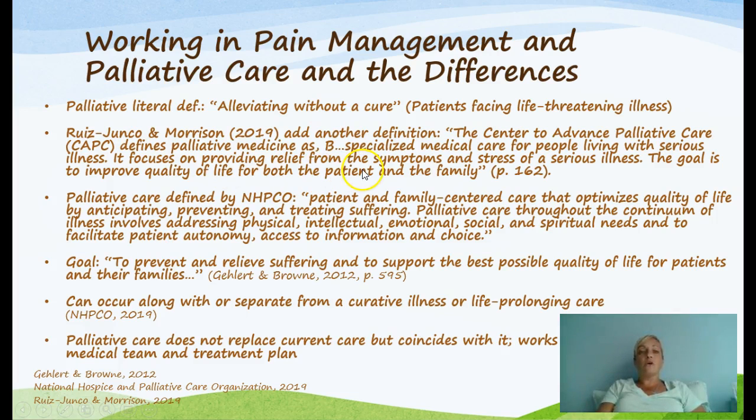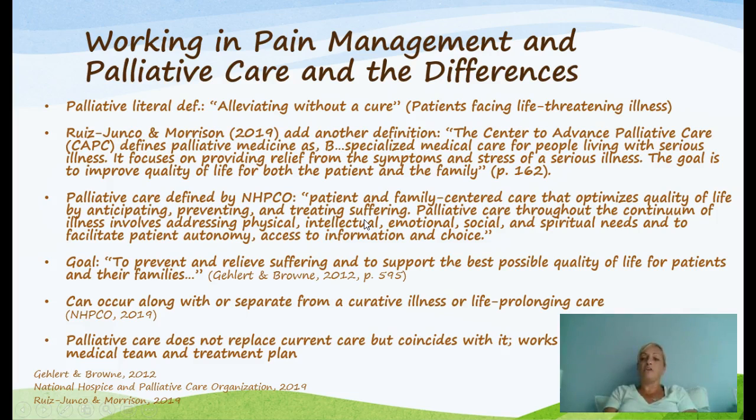So working in pain management and palliative care have some differences with other areas. And I know I was confused between hospice and end of life and those things, but here I've given some definitions of palliative care. This one, the third one, I like the best.